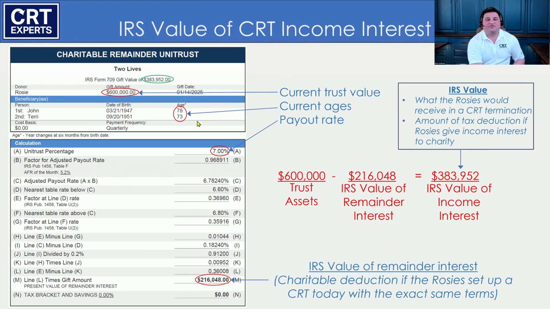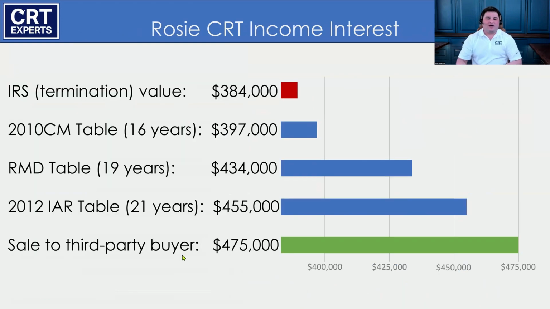So what these allow us to do is establish a range. John and Terry were able to sell their income interest for $475,000. You can see we have this range depending on the life expectancy of 400 to 455. This is almost always the case where that IRS value is going to be below even the bottom end of our valuation range. But this is indicative and representative.